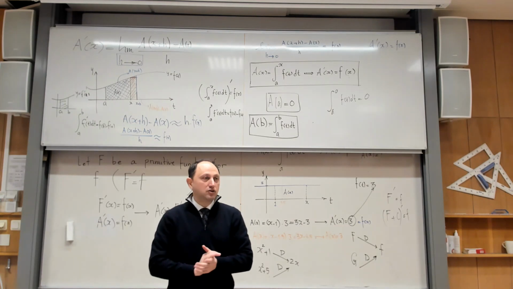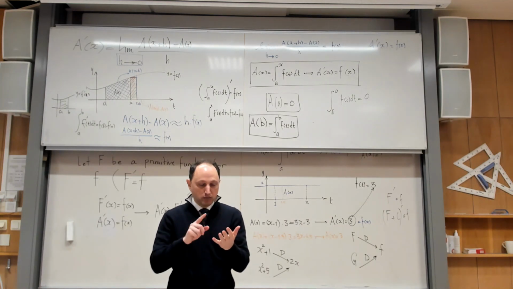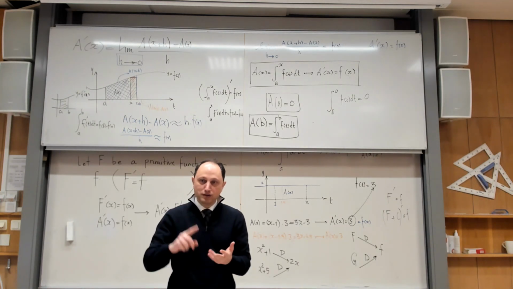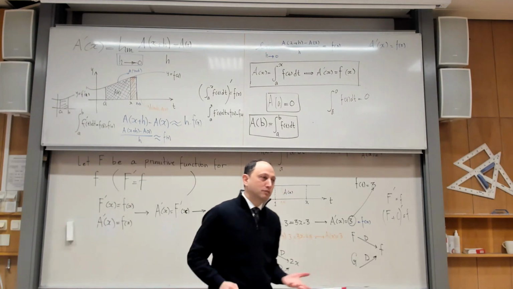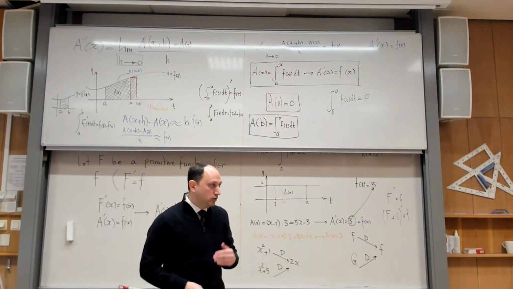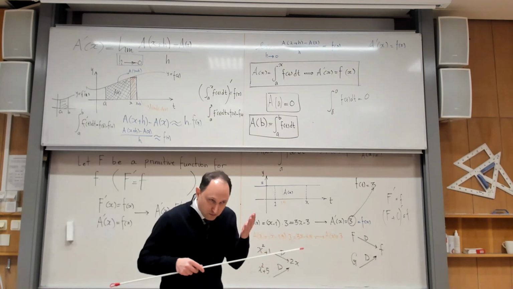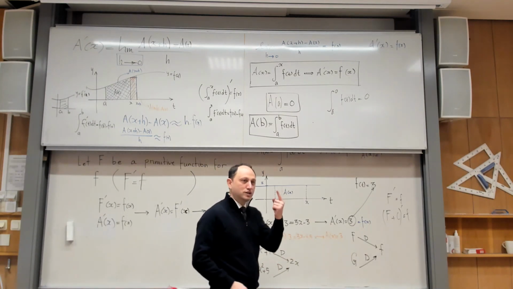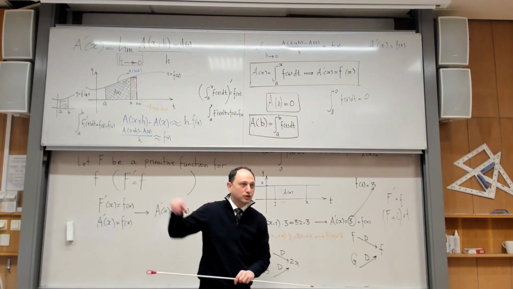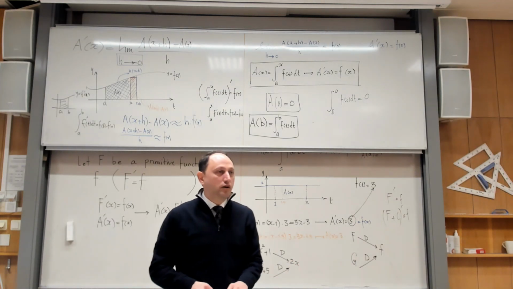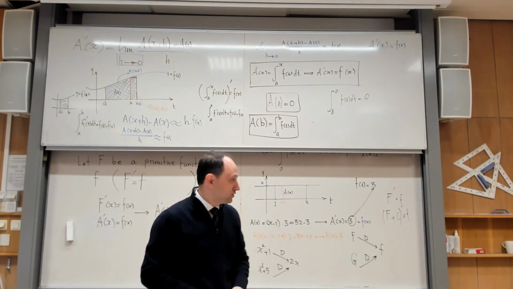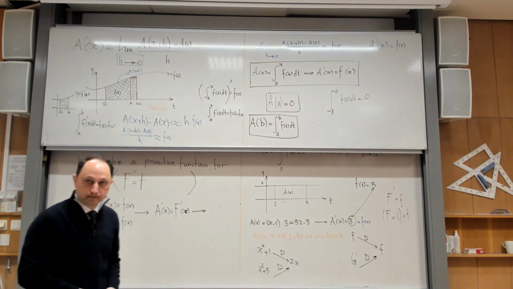When I ask you to write all primitive functions, what do you really do? Do you look for all of them? No. In principle, yes, but you just find one of them and add a c to it. The reason is that this is guaranteed to cover all of them. This is important, but not trivial, by the way.